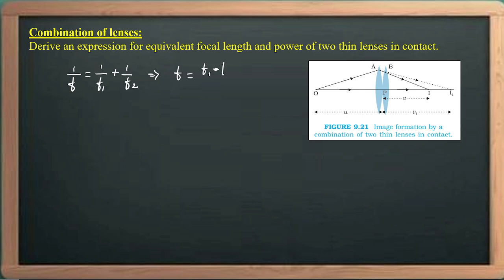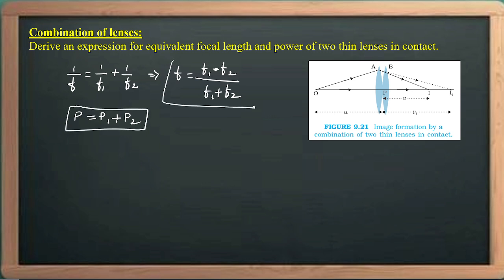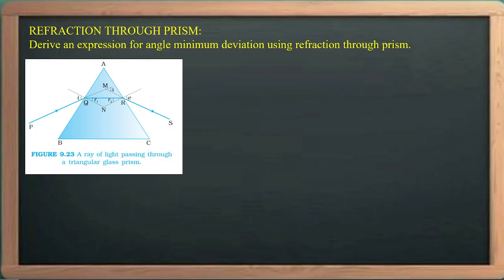So F is F1 into F2 divided by F1 plus F2. Then the power of the lens is P1 plus P2. For n lenses we can continue like P1 plus P2 plus P3, and so on.